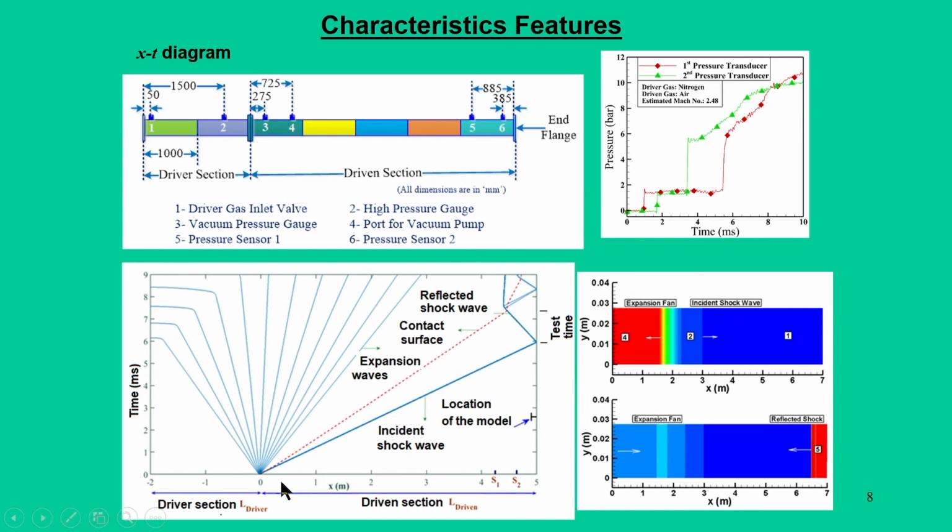If you use this theory, for this kind of dimensions we can see how your incident shock is generated and how your contact surface travels. So, this particular plot gives the test time calculation for this shock tube, and in this case it is about 1.1 milliseconds.